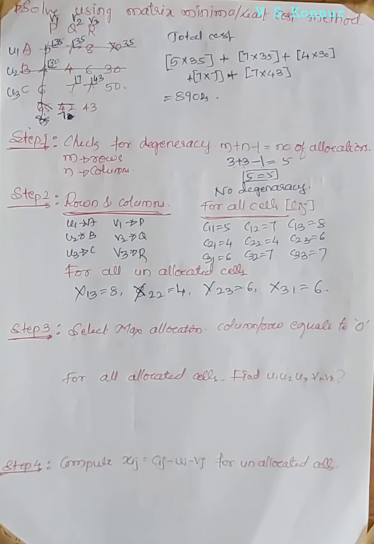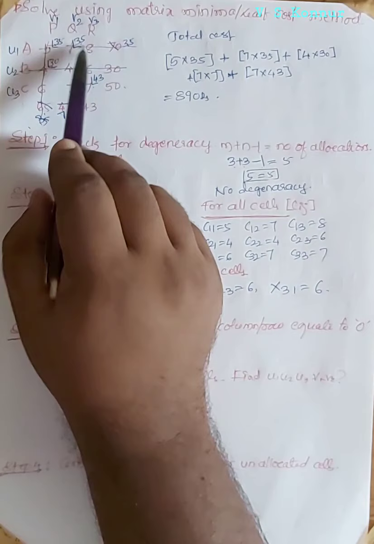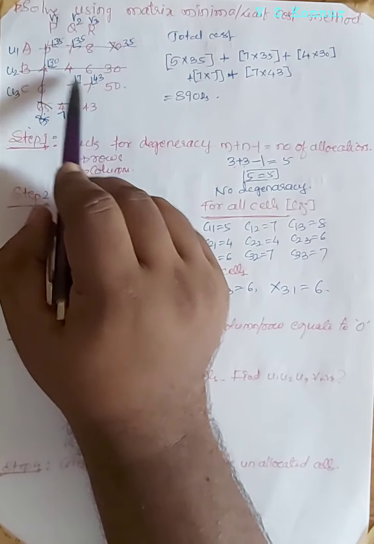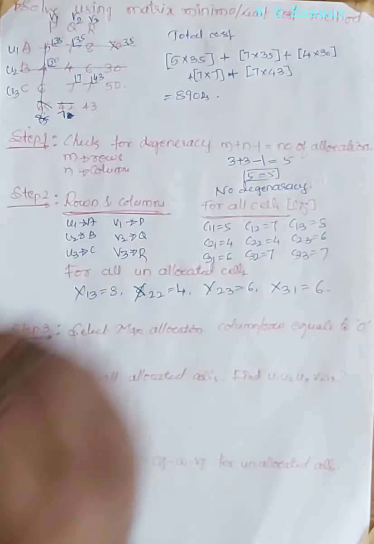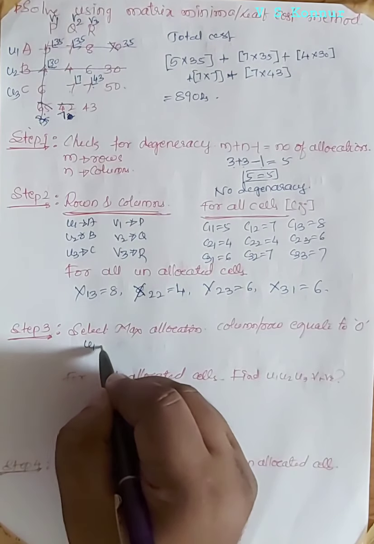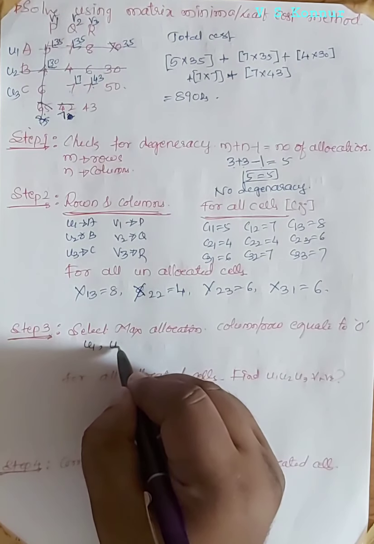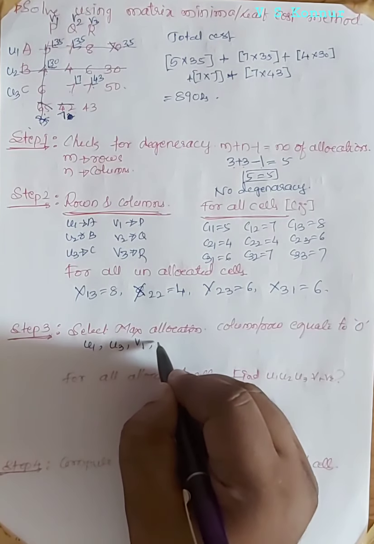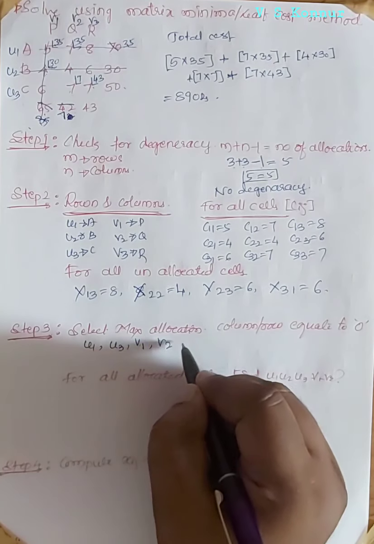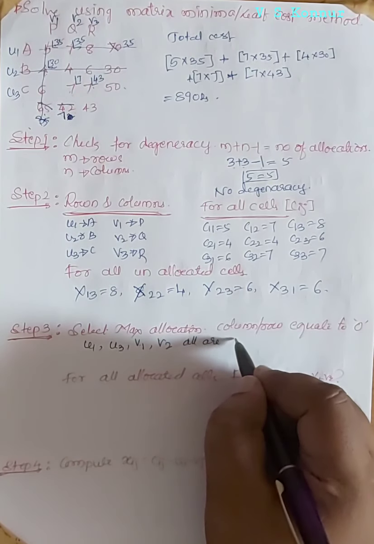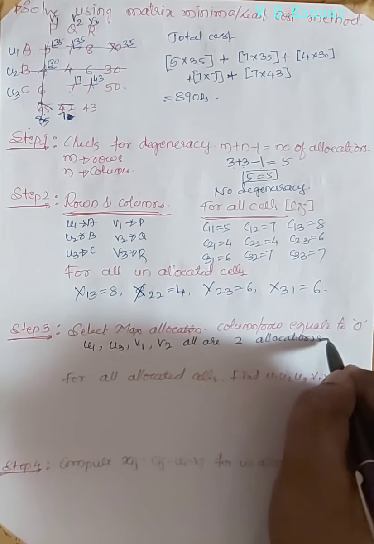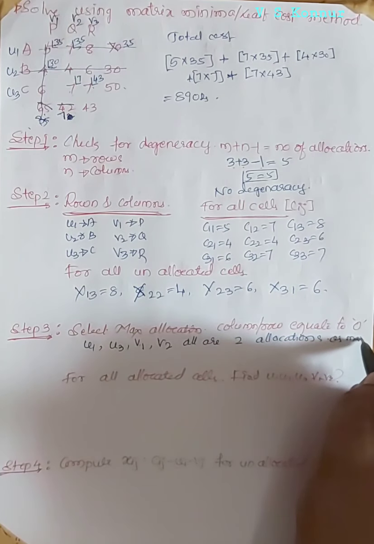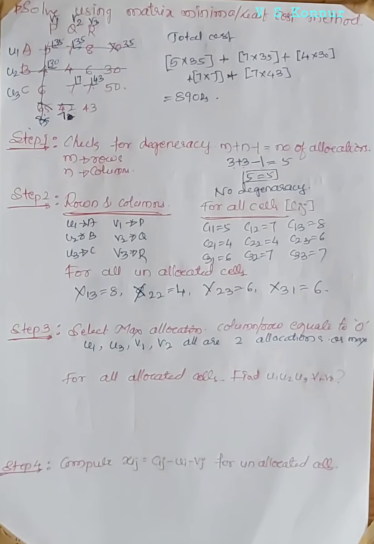Now, the row or column with the maximum allocations is equated to 0. So U1 is having 2, U2 is having 1, U3 is having 2, V1 is having 2, V2 is having 2, V3 is having 3. Now U1, U3, V1, V2 are all having 2 allocations as the maximum.